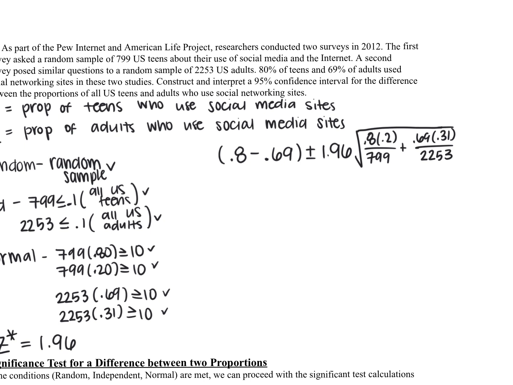Start with 0.8 minus 0.69, and that's going to give us 0.11 plus or minus, and then I'm going to do my critical value times my standard deviation all at once in my calculator.